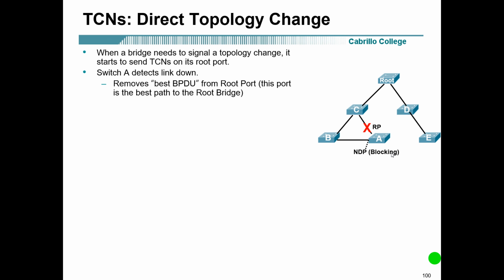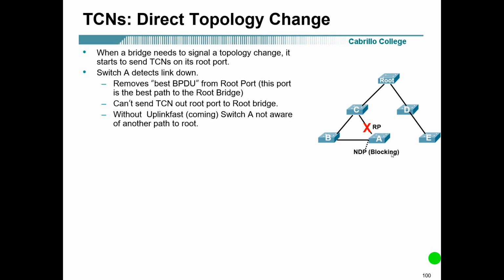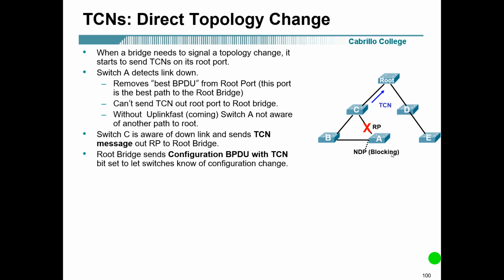It may transition that root port down, and it will remove the best BPDU from the root port. Obviously you cannot send a TCN out that port without some type of uplink fast or another path. So switch C is aware of the down link and sends the TCN message out to the root port. Root bridges send the configuration with the TCN bit set to let switches know of the configuration change.